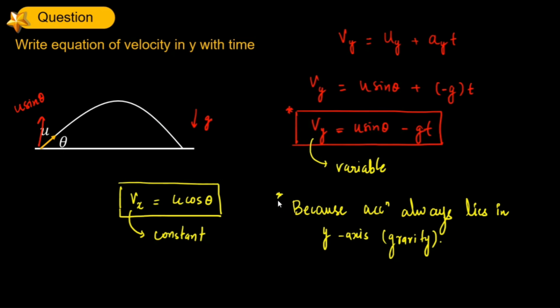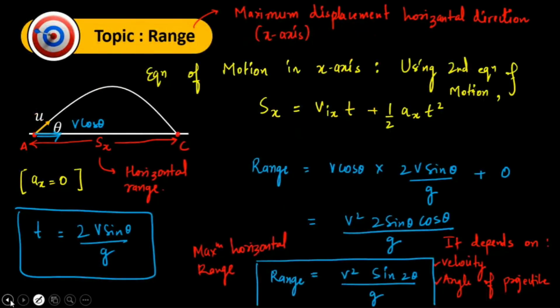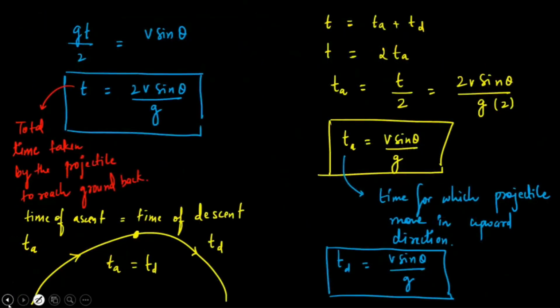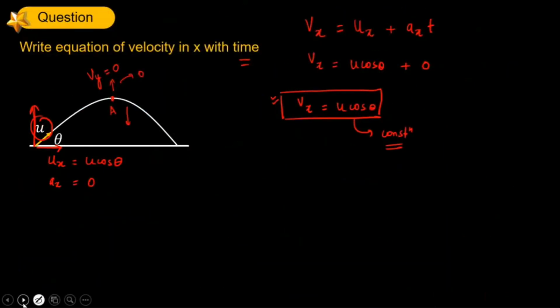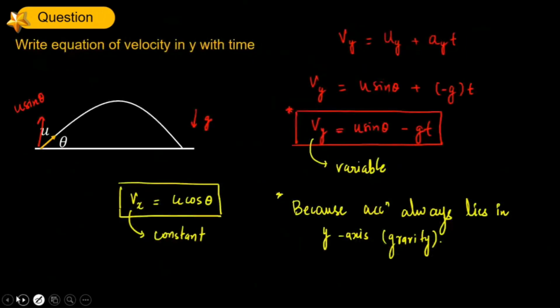So you can consider it again as a free fall case, but the velocity is at some angle theta, so all those things change a little bit. But if you put the value of theta as 90 in each of the relations we just saw, like in range, in maximum height, and in time, we'll get similar relations just like those you learned in the free fall case. So this is again another case.